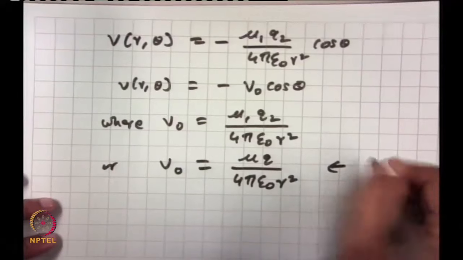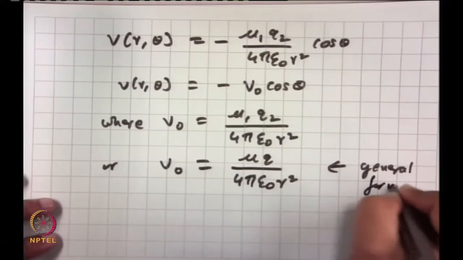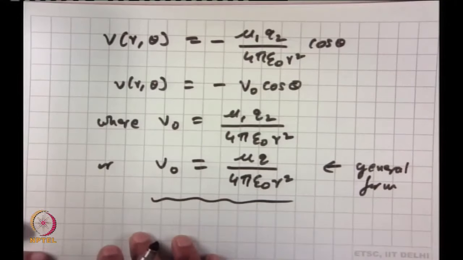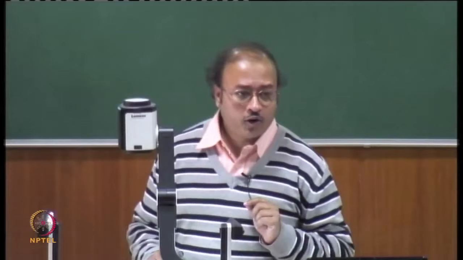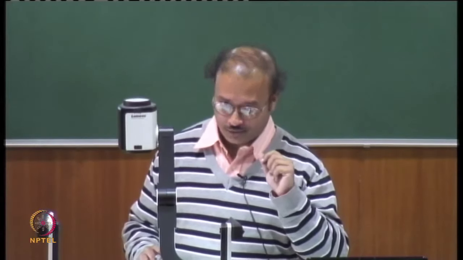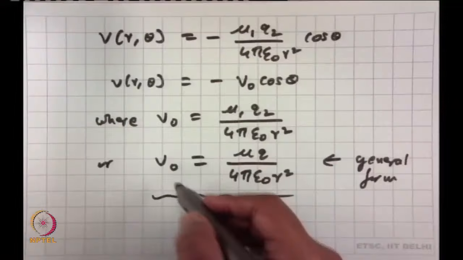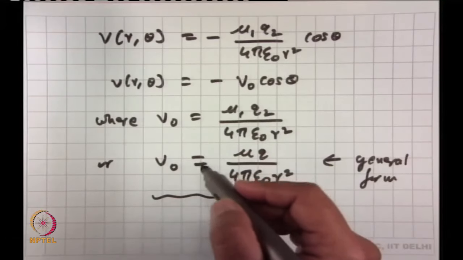This is a very general form. So remember, since we are involved in only the angular orientational averaging, our radial part does not come in. It essentially goes into the constant V0, because we are doing an orientational averaging with respect to theta.